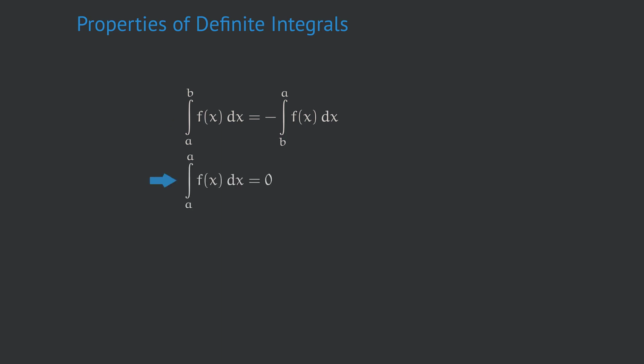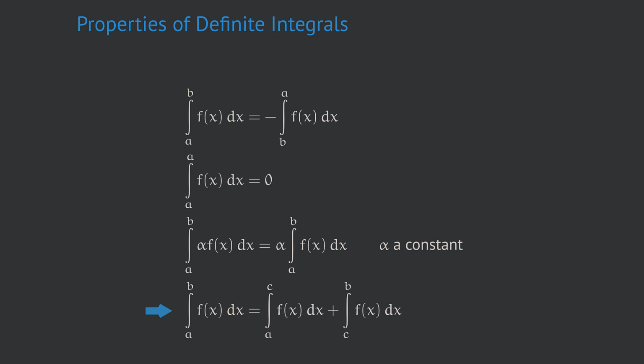The next property, which is both an immediate consequence of the above property and which also stands for itself, is that when we integrate from a to a, the result is 0. If there is a constant alpha involved in the function, we can pull alpha in front of the integral.